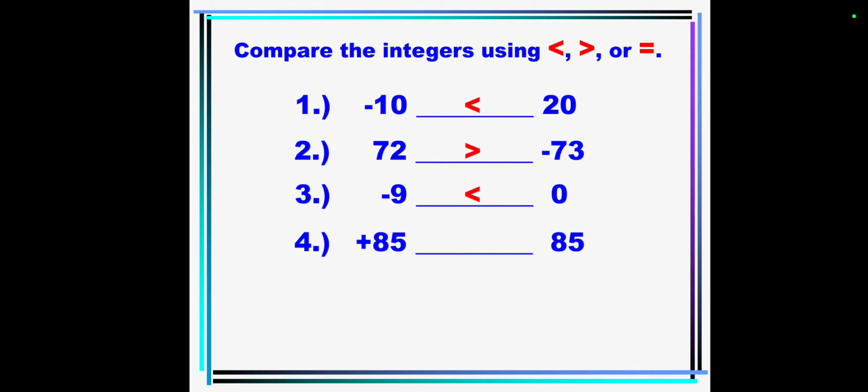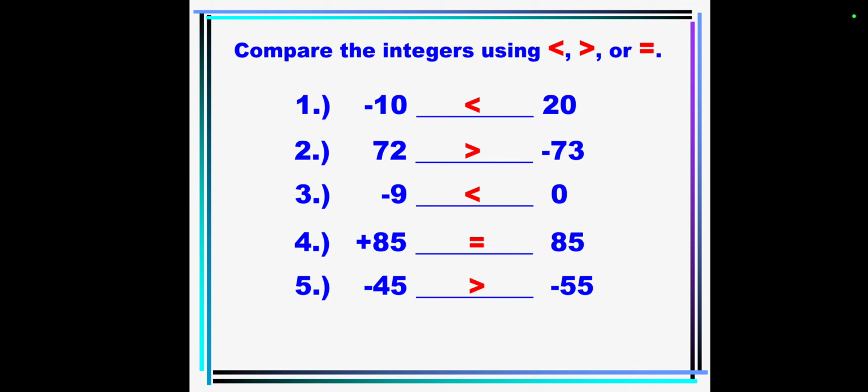Number 4, as I have said before, if we ignore the positive symbol, that is still positive. So positive 85 and 85 are actually the same, so that's equal. Here, negative 45 and negative 55, the correct answer is negative 45, the greater one.